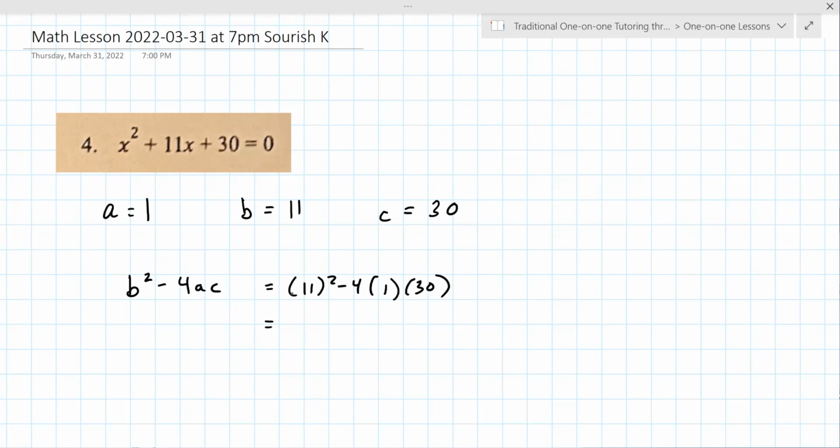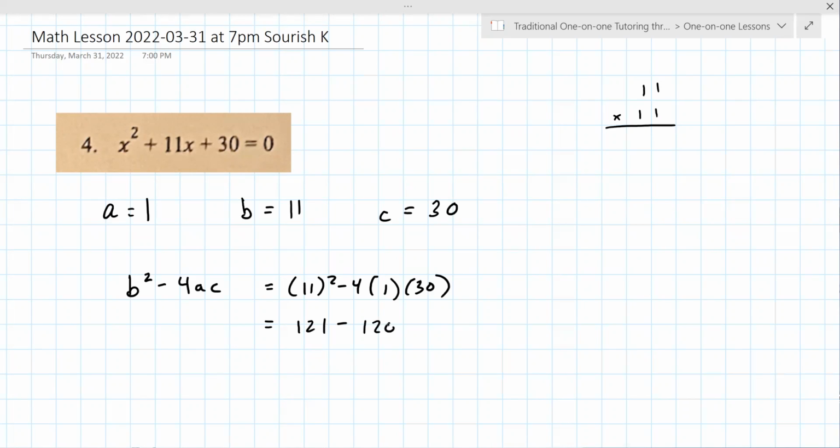What is 11 squared, Sourish? What is 11 times 11? 121. What is 4 times 30? 120. Okay, perfect.